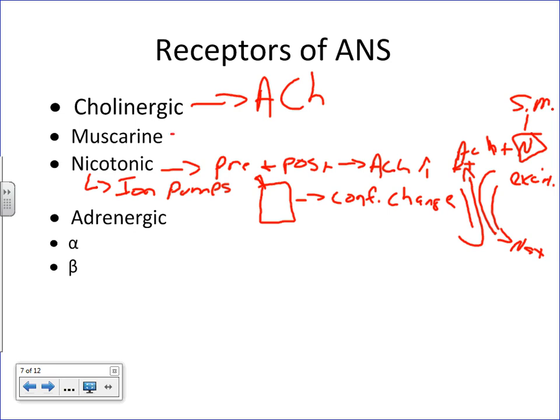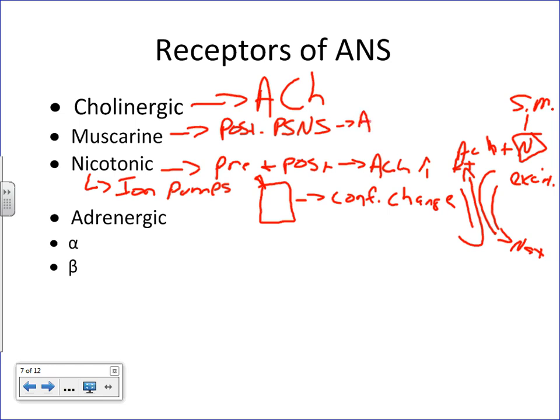And then remember the muscarinic receptors. These are found after the postganglionic parasympathetic neurons.